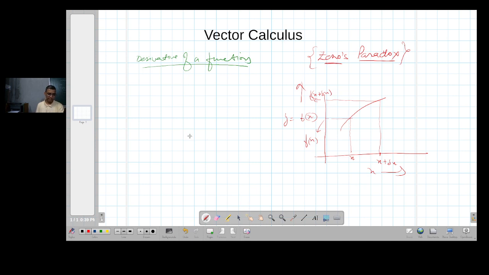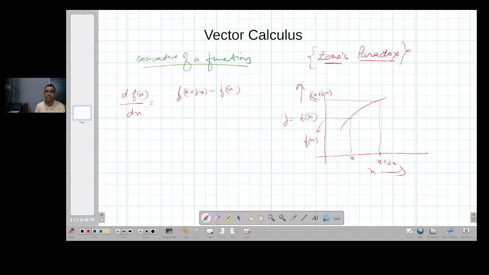So derivative means how the function is changing with respect to change in the other variable. So the derivative of f of x with respect to x is basically the change in the value of the function. This is the final value and this is the initial value.